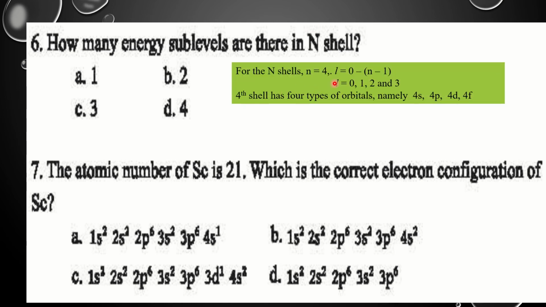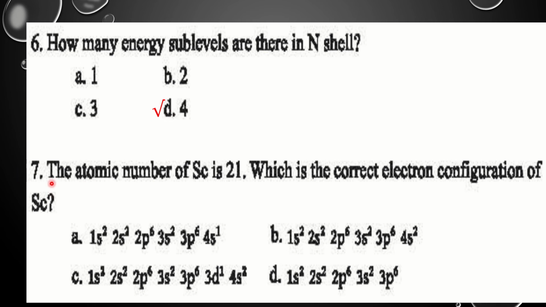So, for the N shell, that means the fourth shell, how many subshells are there? l equals 0 to n minus 1. n is 4, that means 0 to 3: 0, 1, 2, 3. 0 for s, 1 for p, 2 for d, and 3 for f. So how many sublevels are there in the N shell? There are 4 sublevels, s, p, d and f. So the answer is 6D.